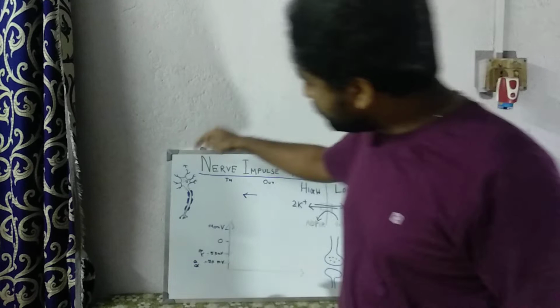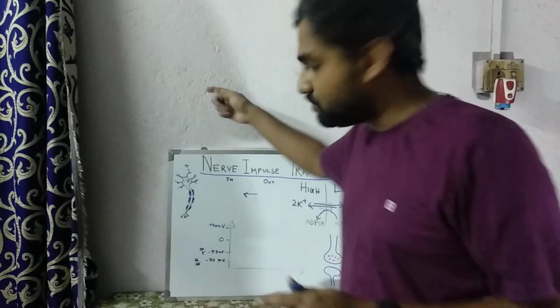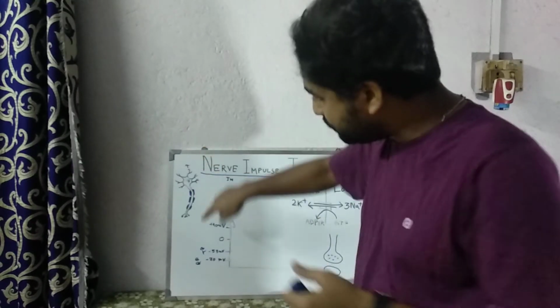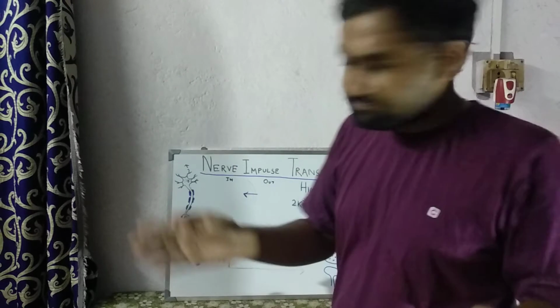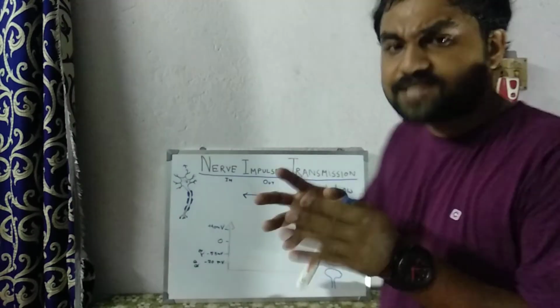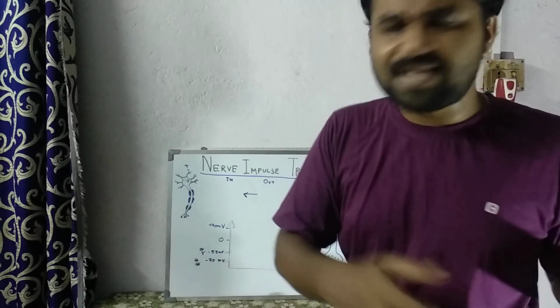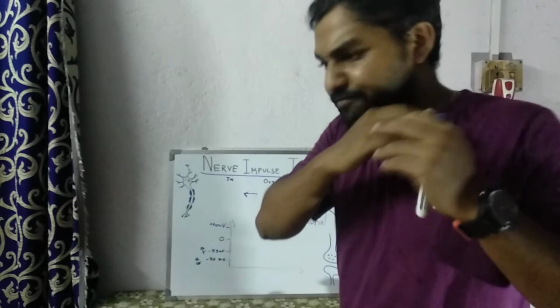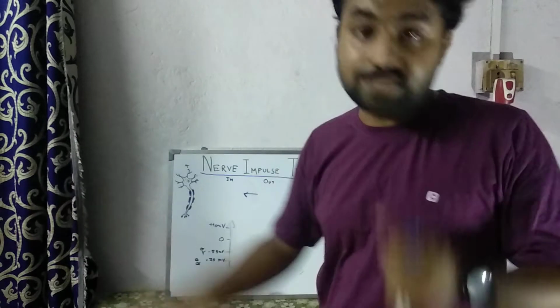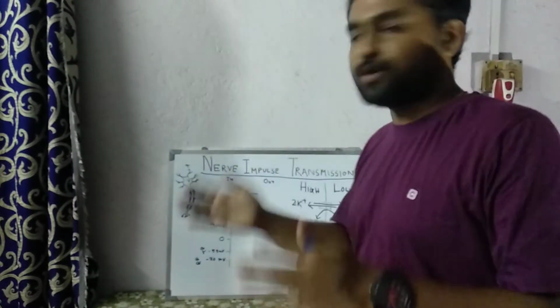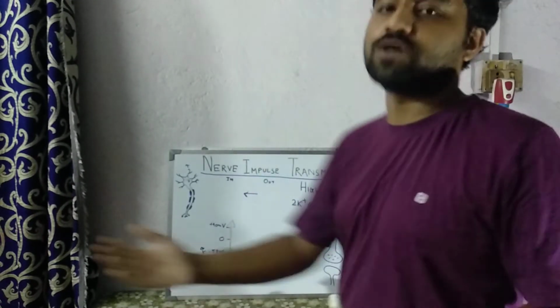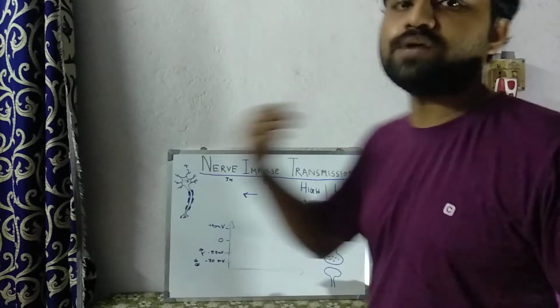So when a neurotransmitter secreted from a previous neuron binds with the dendrite of this neuron, some ligand-gated channels open. As we know, there is a scarcity of positively charged ions inside the cell and a flooding of positively charged ions outside the cell. So the positively charged ions will move along the concentration gradient from outside the cell to inside the cell.